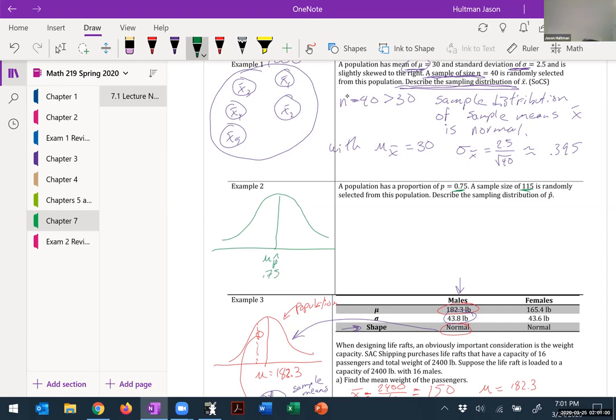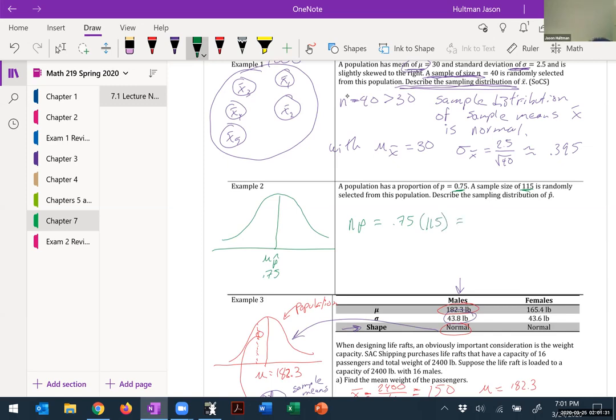Now, is this going to be normal? Can we use the central limit theorem here? Well, I have to make sure that my sample size is large enough. So is n times p, which is 0.75 times 115, bigger than 10?